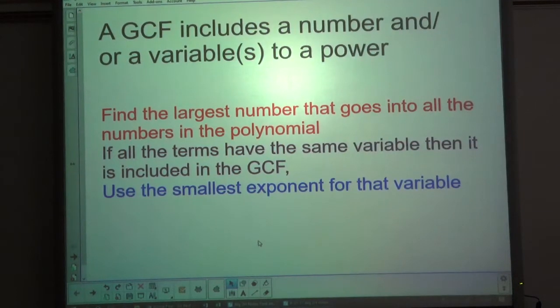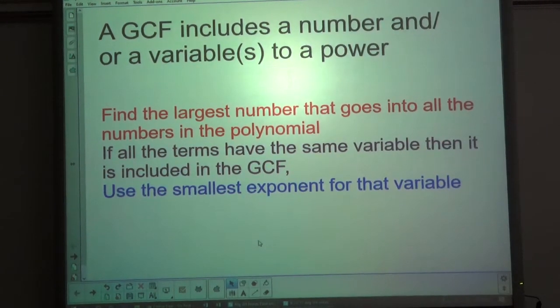We're here today to talk about finding and factoring out GCFs, greatest common factors. A GCF includes a number and/or a variable or variables, and they can have powers.